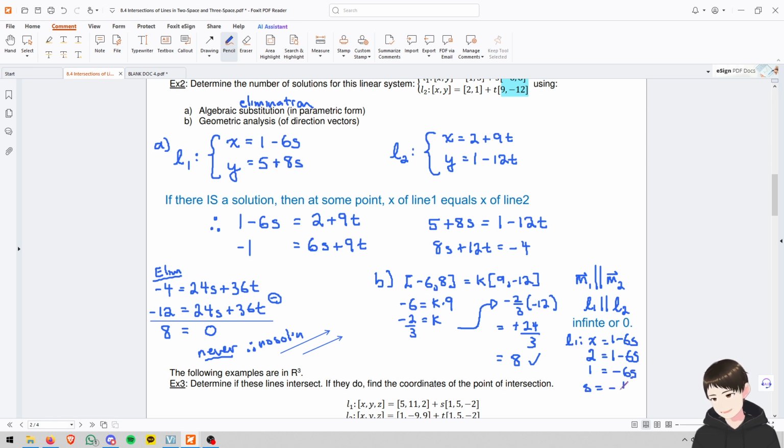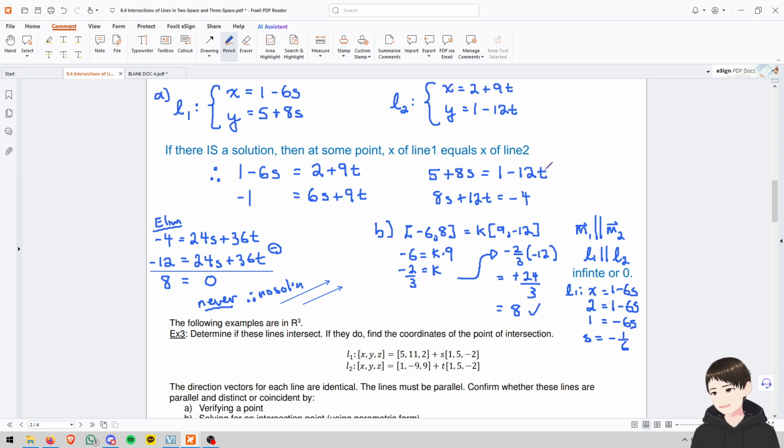S equals negative 1 over 6. Ooh, not the best number, but that's okay. Let's plug that into my y. Y is 5 plus 8 times s. 5 minus 4 over 3, 4, 3, and 2 over 3. That is 11 over 3.